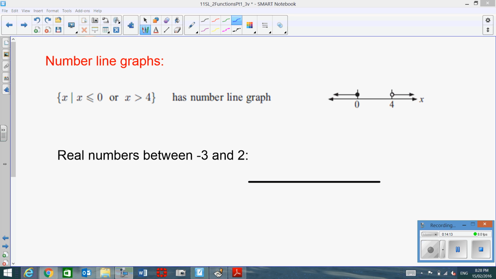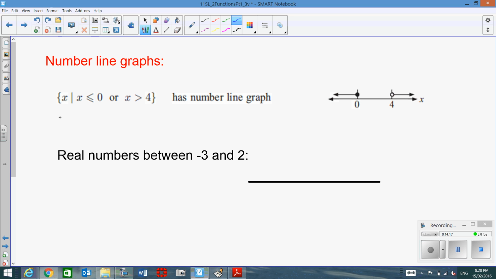Just a reminder from a few years ago when you were first introduced to number line graphs, we can use the same notation for number line graphs as we were just talking about for our two-dimensional graphs. So here, if we're including 0, we use a solid dot. If we're not including, we use the open. So same thing when we start drawing our rational functions.